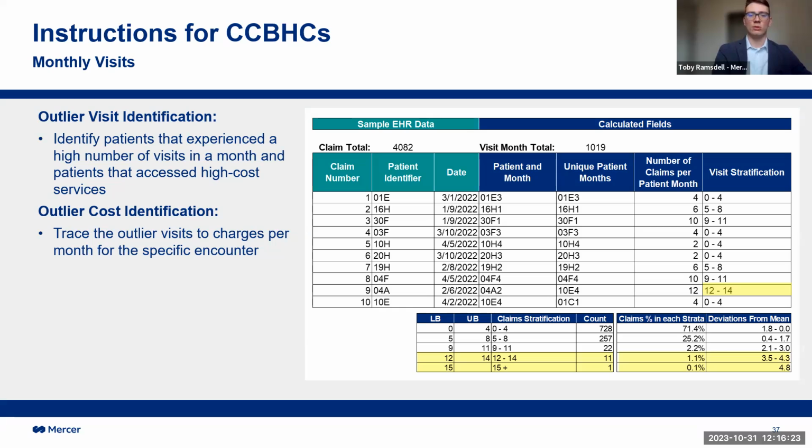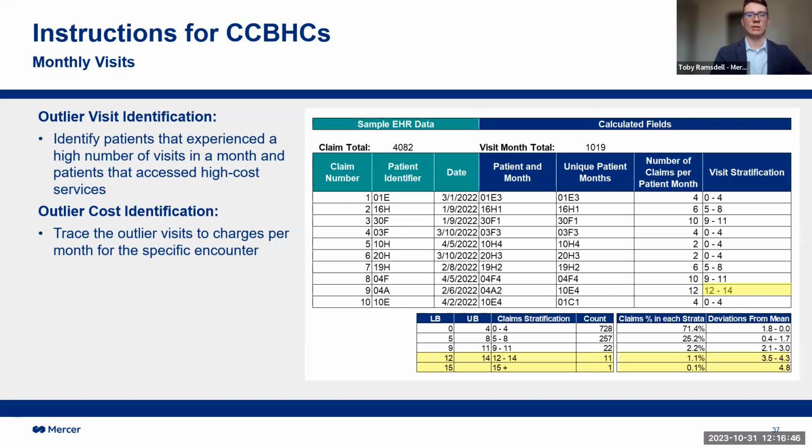Then from that point, what I did in this example is I identified the mean and the standard deviation of the data set. So, what is the average number of times a patient came in and received services in a month, and what is the standard deviation of that? So how far away is the average value from the mean?